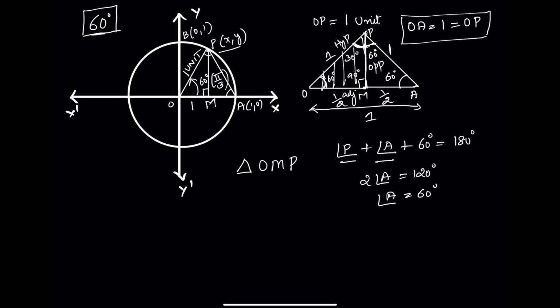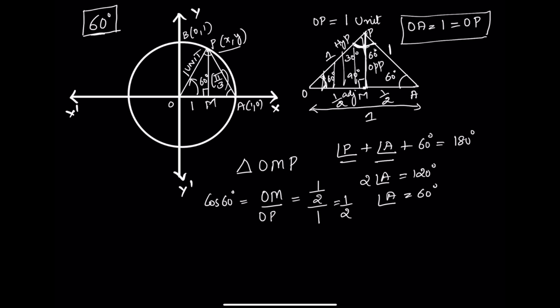Now let's go to the definition of cos 60. Cos 60 would be adjacent by hypotenuse. So adjacent is OM and hypotenuse is OP. So it will be 1 by 2 divided by 1, which is 1 by 2.